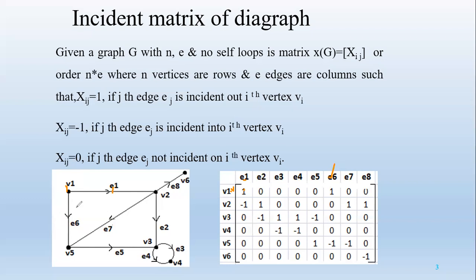But E6 to V1. See here. Where is E6? This is V5. V5 and E6 are incident. In a simple graph, we consider this incident. But in a digraph, this is not an outgoing incidence because V5 is not incident with the outside direction.